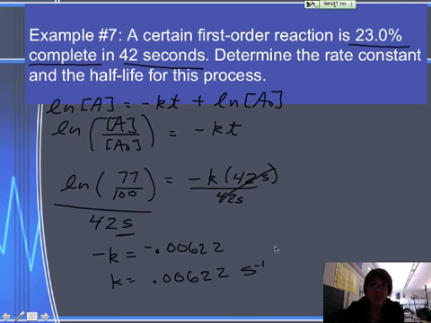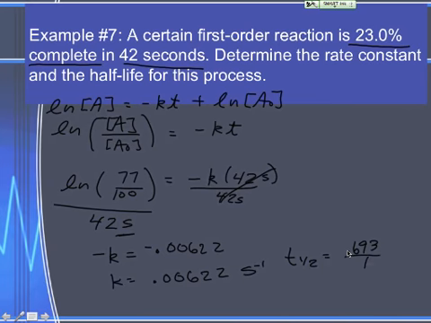Now it says determine the half-life. Well, since it's first order, this is easy. Half-life is 0.693 over k, so that's 0.693 divided by 0.00622, and I get a time of 111 seconds.